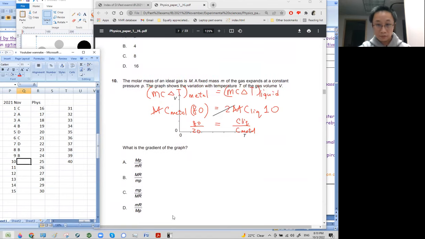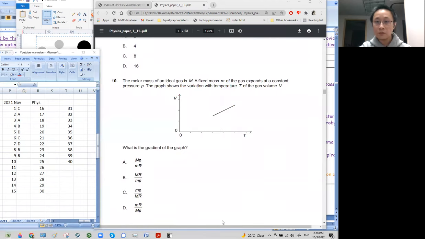Question 10 is a PV equals nRT situation. The molar mass of an ideal gas is M, a fixed mass of the gas is expanded at constant pressure, and then the VT graph is shown. This should be a simple application of PV equals nRT. And then you further replace n with mass over molar mass, so chemistry students probably would have an easy time.